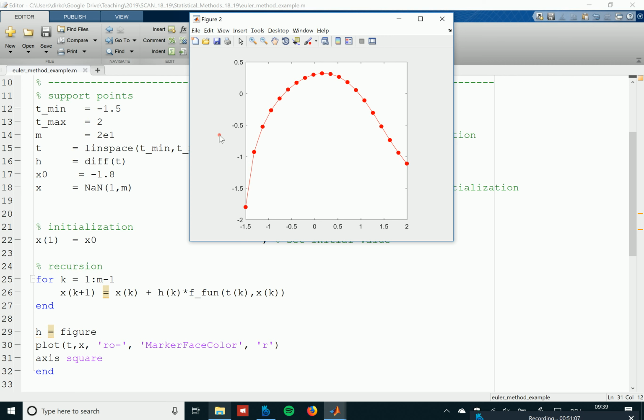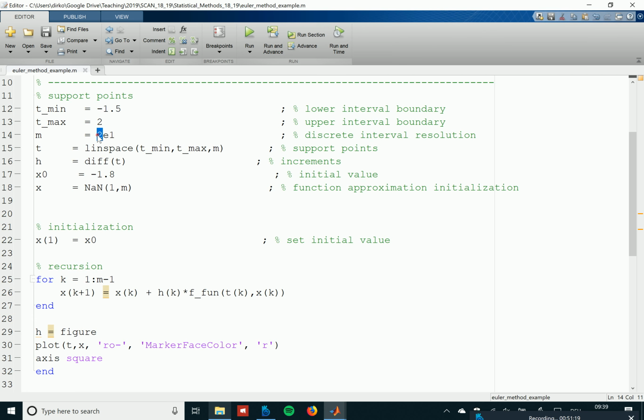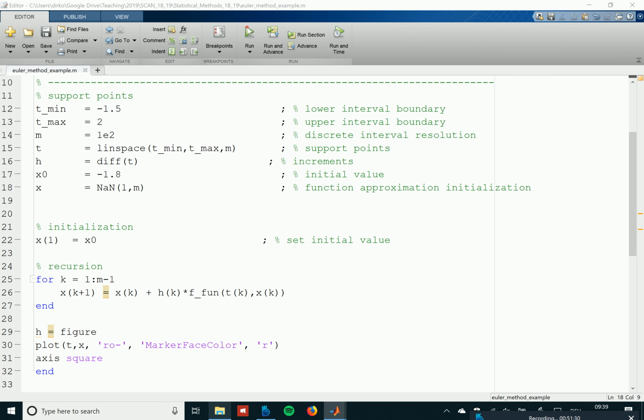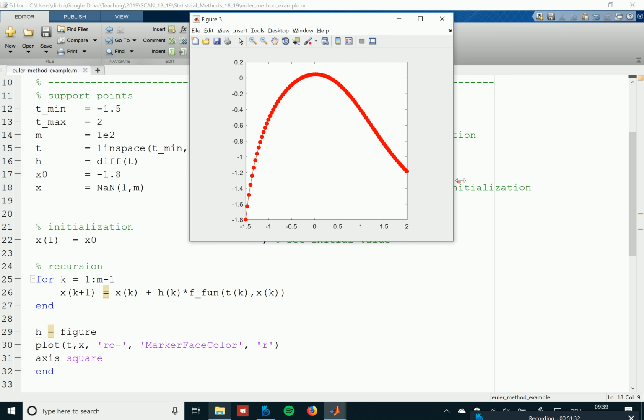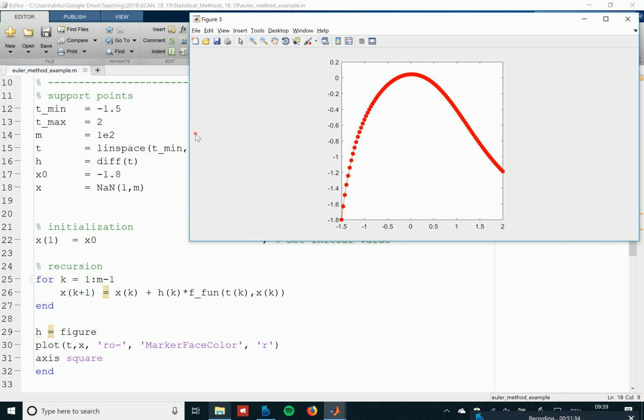Well, that doesn't look too bad. The problem is that we now cannot really do much in terms of comparing that to the analytical solution, because I don't have the analytical solution with me. So we can only, for example, increase the number of support points and look at it. The thing is, if you do this, so this is now how it looks for many support points.